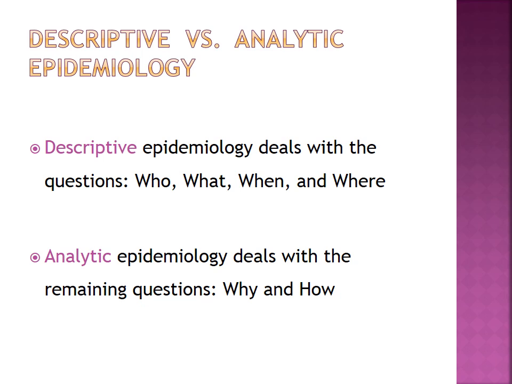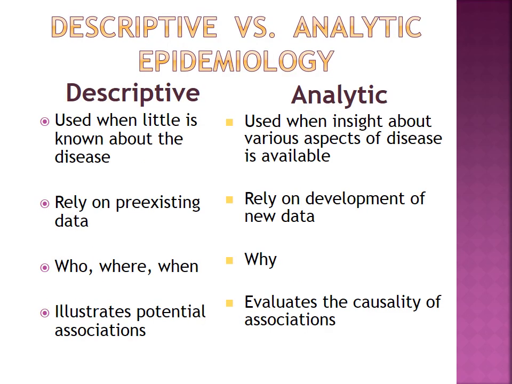So among those five or six questions, the first four are answered by the descriptive study, and the next two, that is why and how, are answered by the analytical type of study.